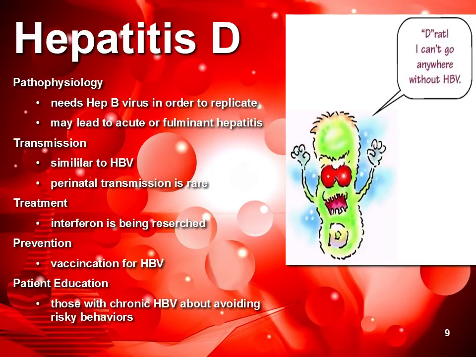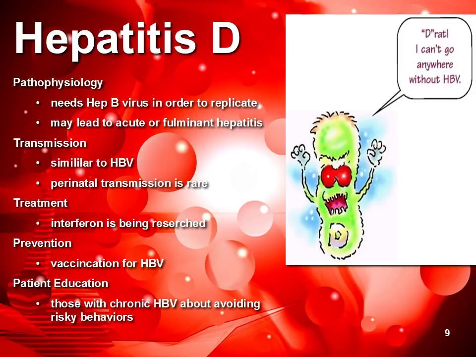This co-infection may lead to acute or fulminant hepatitis. Modes of transmission are similar to hepatitis B. However, sexual transmission of hepatitis D is less efficient than for hepatitis B, and perinatal transmission is rare.